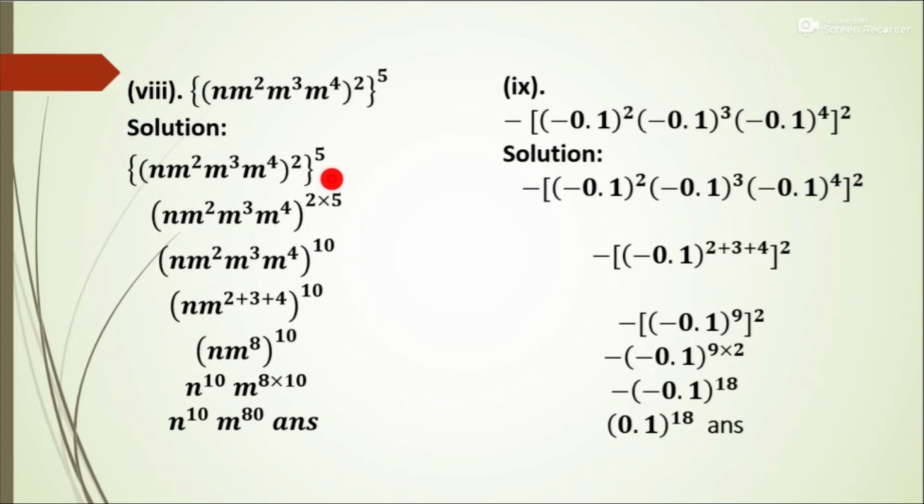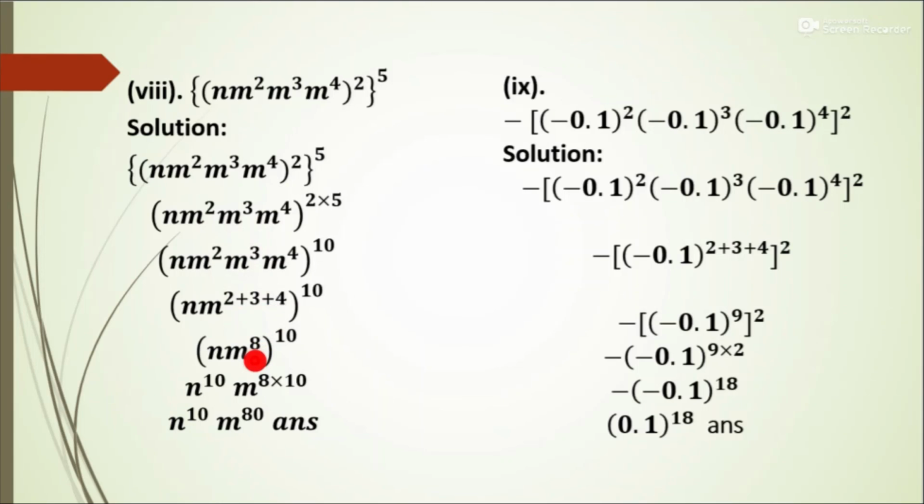Okay, now in this question 8 you can see here, first of all we write this form as it is, and now we multiply 5 into 2, we write 10 as the power. In the next step in these questions, m is repeated 3 times in the powers, 2, 3 and 4, and we write the base with the powers in this form.